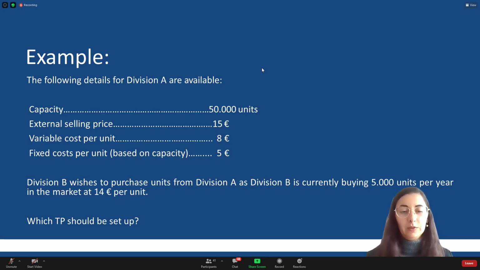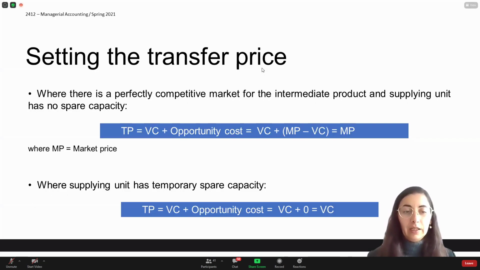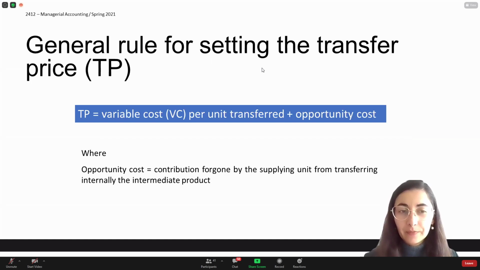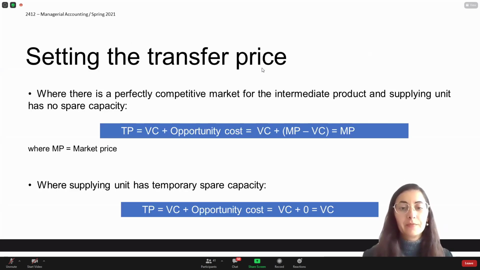If you go back to see the formulas, if there is no spare capacity, it should be the market price times the 5,000 units.